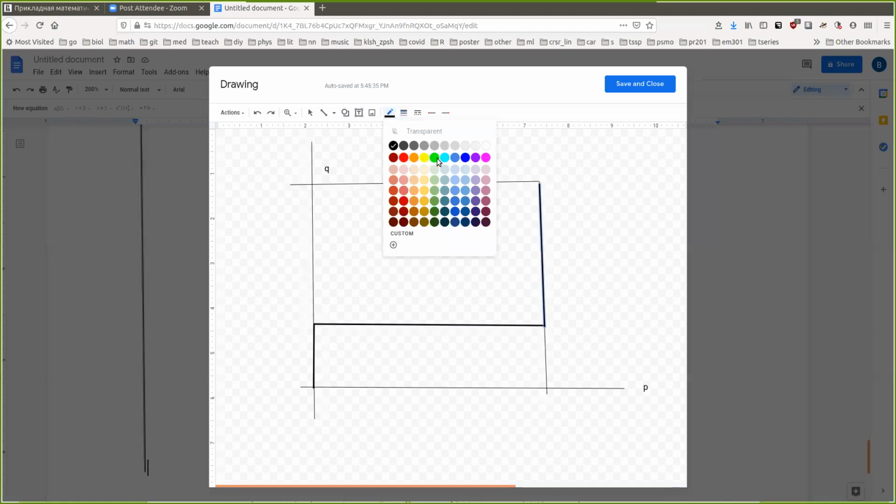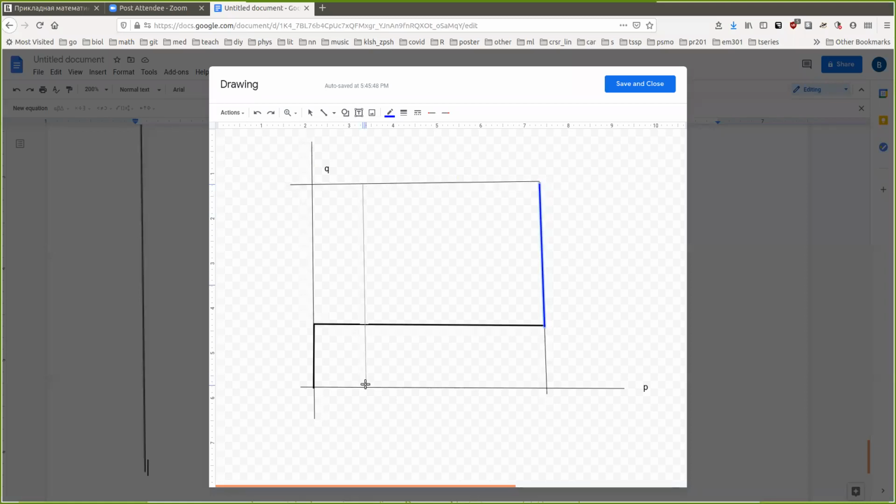The best response function for the second player I will draw in blue. When Q is 1/3, then P can be any number. If P is big, then Q should be equal to 1. If P is small, then Q is equal to 1.